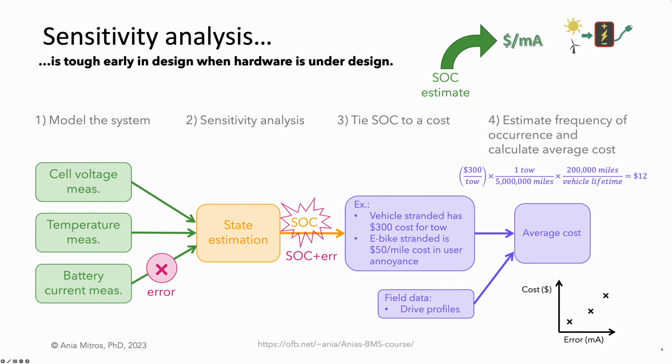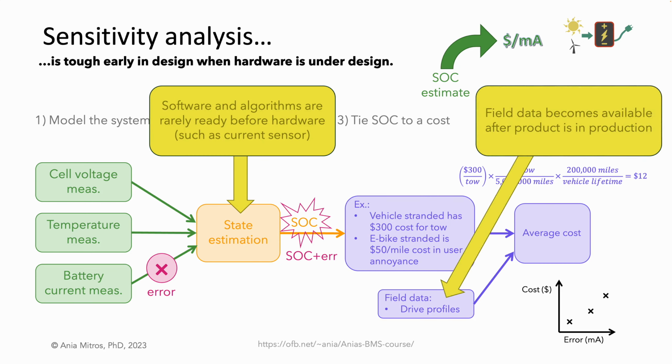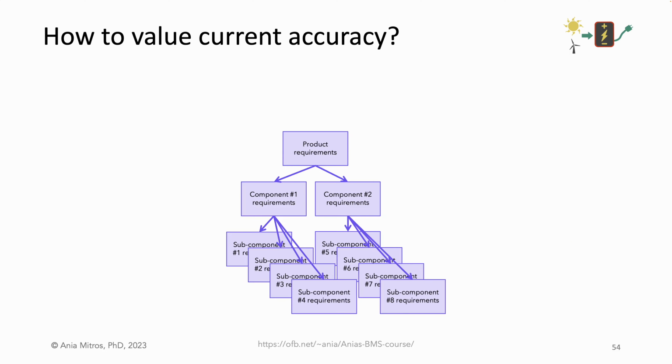Unfortunately, sensitivity analysis is tough to do in early design when the hardware, including the current sensors, doesn't yet exist. The software and algorithms underlying state estimation are rarely ready before the hardware, and field data become available after the product is in production. In other words, this analysis often isn't possible when the current sensing is being defined and designed.